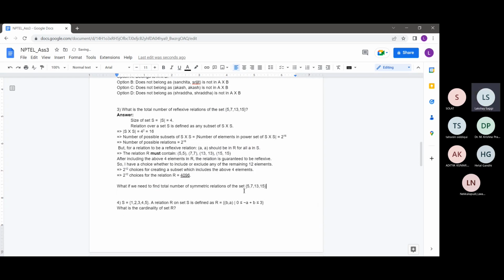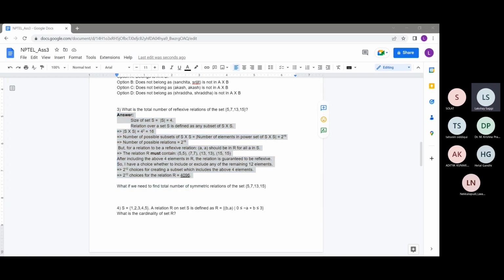Would anyone like to give it a try? It is in the same spirit as the approach discussed here. Okay, Aditya is writing in the chat 2 to the power 10.